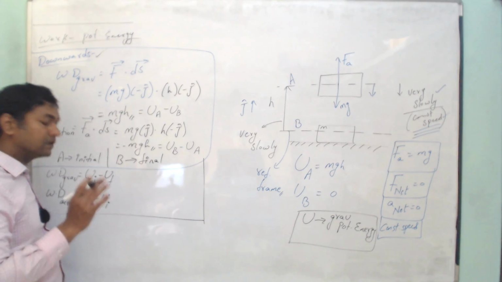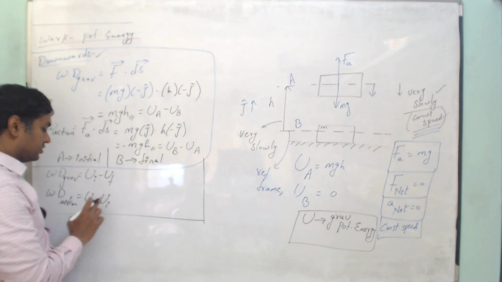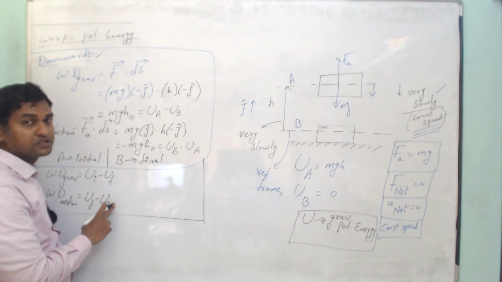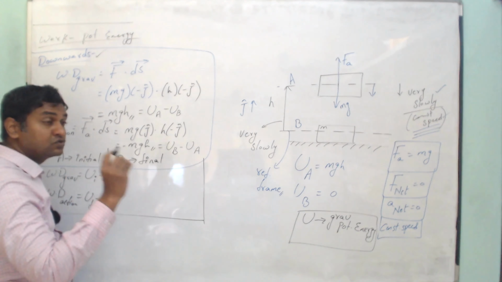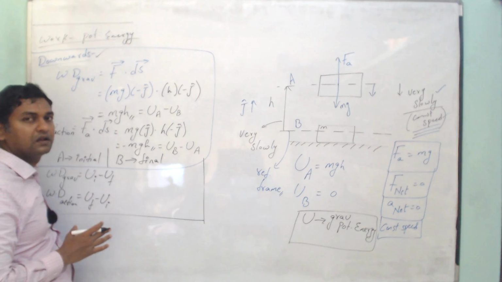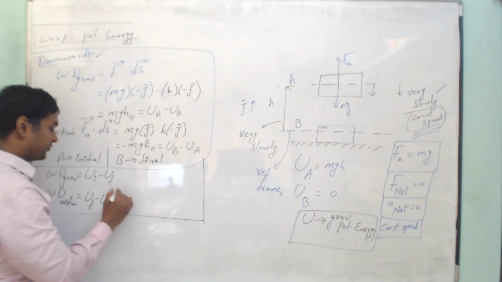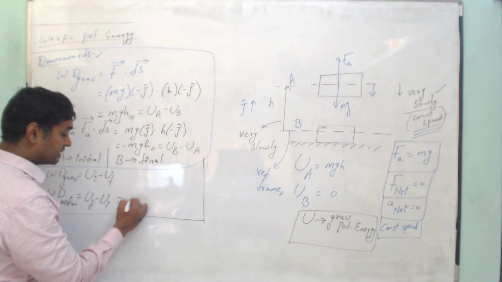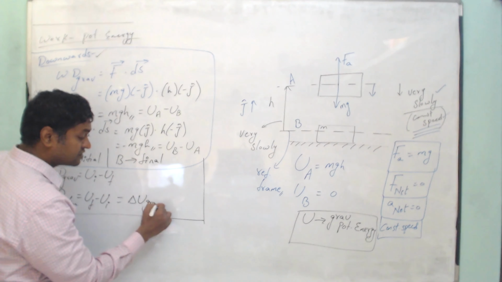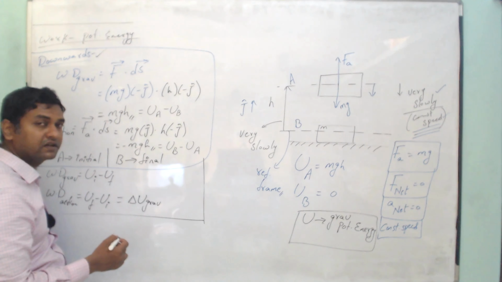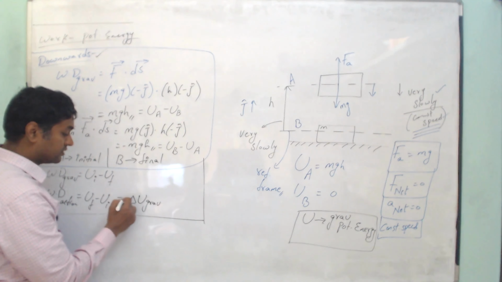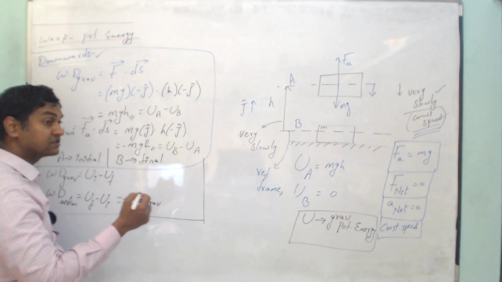Now, the final gravitational potential energy minus initial gravitational potential energy. In physics, usually change is final minus initial. Therefore, if I write this as change, and U is nothing but my gravitational potential energy, right? Yes, sir. So this will automatically become plus change in gravitational potential energy.